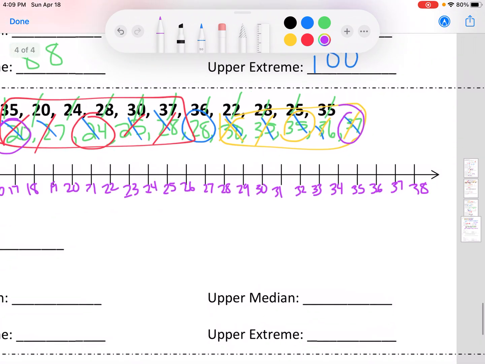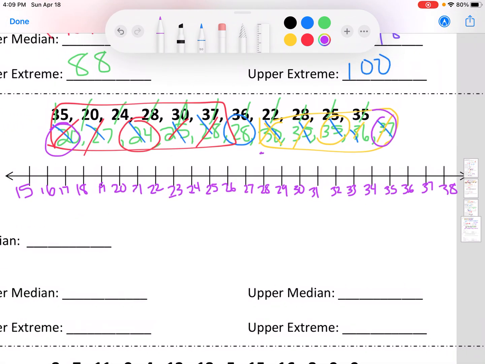Plot my points. So I have to plot a point on 28, 37, 35, 20, and 24. Put a box around my center 3 dots and out to my whiskers. So remember, there's the same number of numbers in each section.